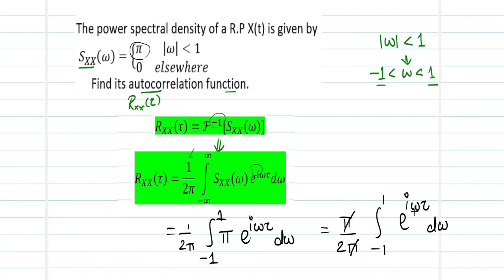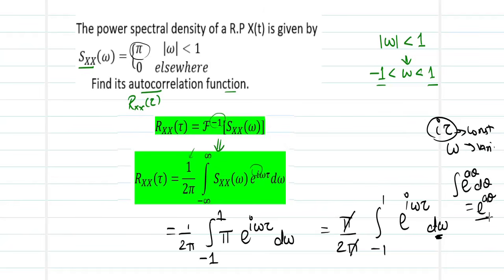Now this is going to be integration with respect to omega. Omega is my variable, so i and tau become constants. You have to be very careful because you need to divide by the constant, since we know that the integral of e power a theta d theta gives e power a theta divided by a.